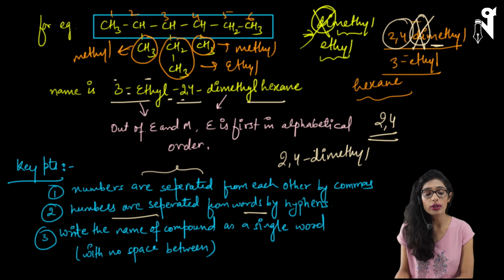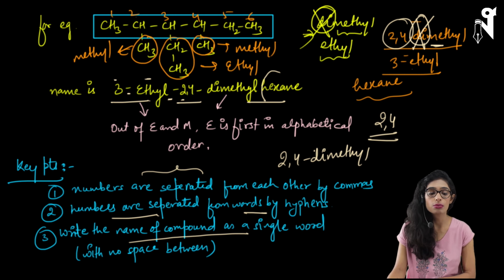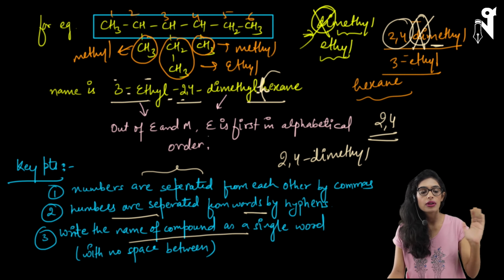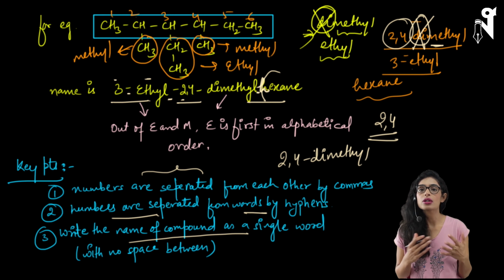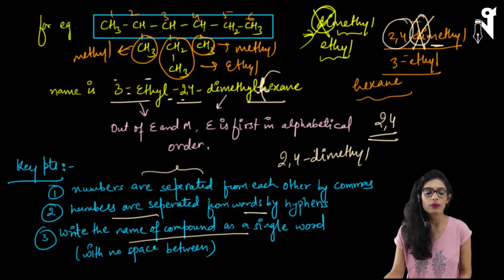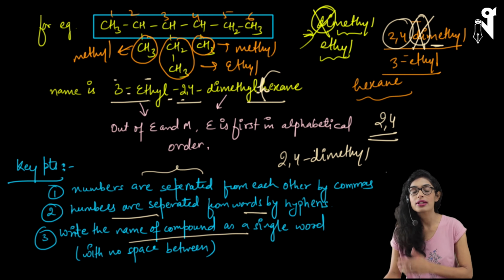Write the name of a compound in a single word. When you're writing the compound name, it should not have any space in between. I have written a small space just to show you. Dimethylhexane is one whole thing. There should not be spaces in between. Everything should be written together. When you are writing it on the computer, that will actually show you whether there is space or not.